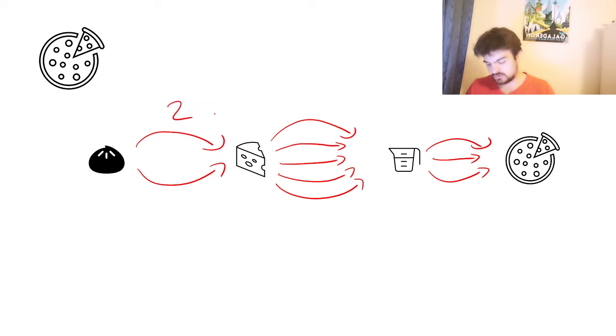We have 2 arrows here, 5 arrows here, 3 arrows here, and we can see that once we have done this step, our choice of dough doesn't change what we do later, right? It doesn't impact the choice later. So the number of ways of getting from here to here are going to be the same regardless of what we did before, right?